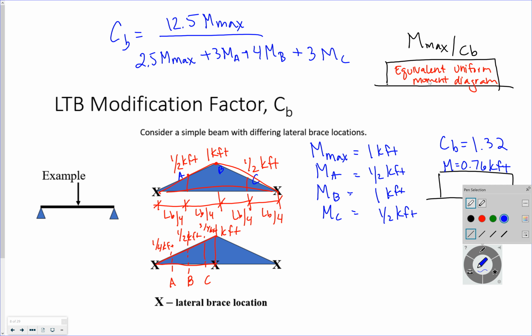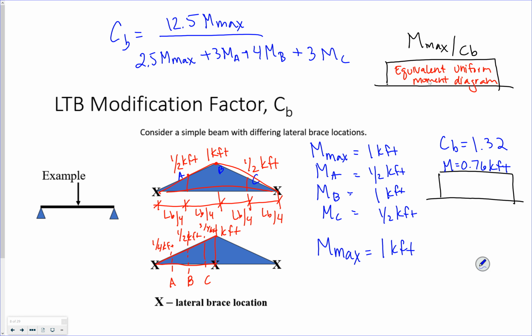So if I use the same values, M max is still 1 kip foot, but my MA is now only a quarter kip foot, MB is a half kip foot, and MC is 3/4 kip foot.